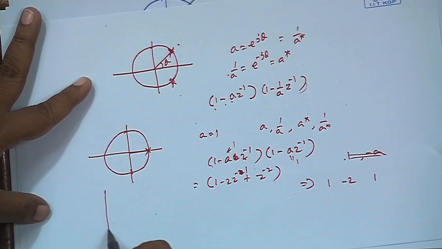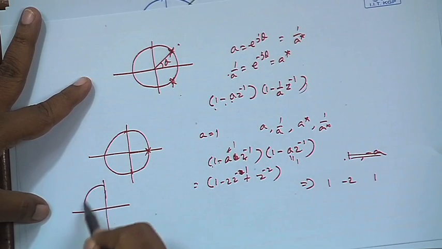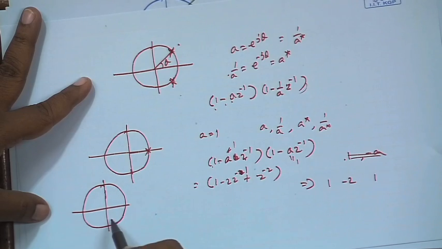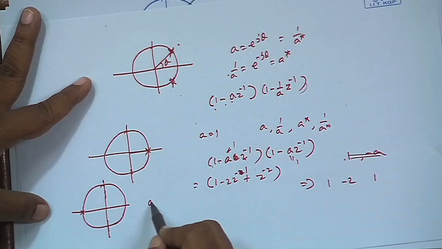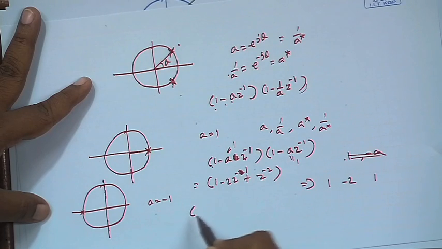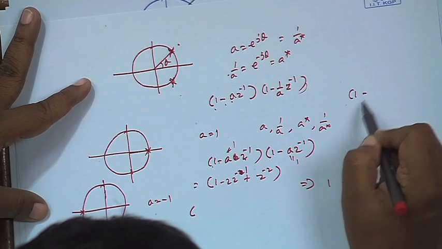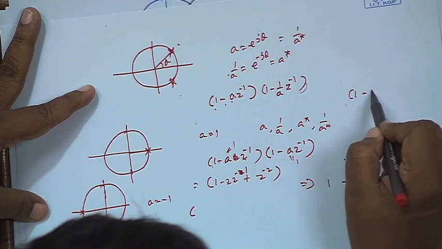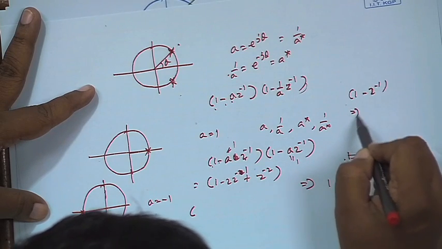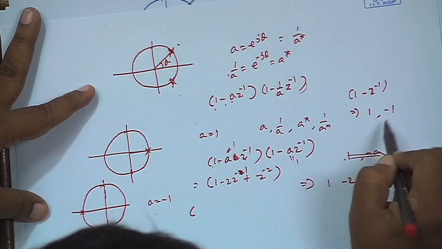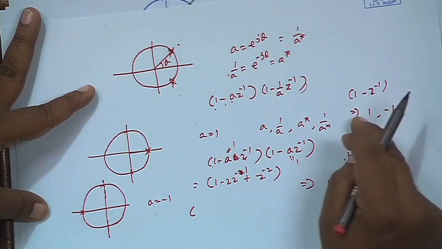On the other hand, if you have the zero here, then A is minus 1. See, earlier we had 1 minus A z inverse with A equal to 1, so 1 minus z inverse. So, your filter was 1 and minus 1, which are not the same.